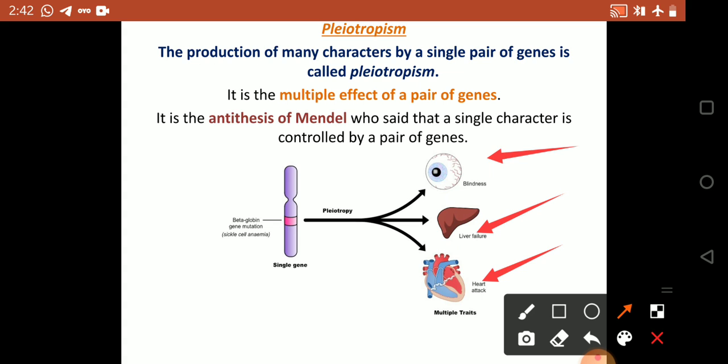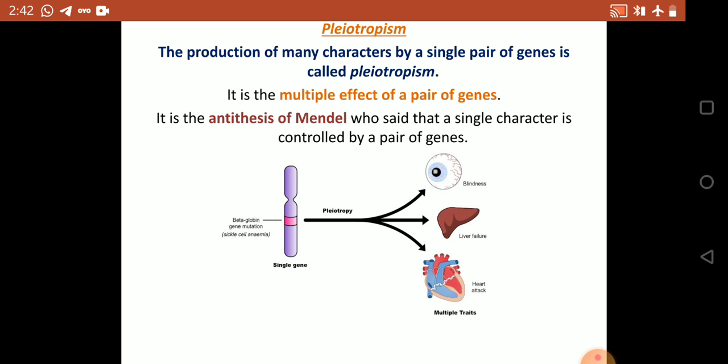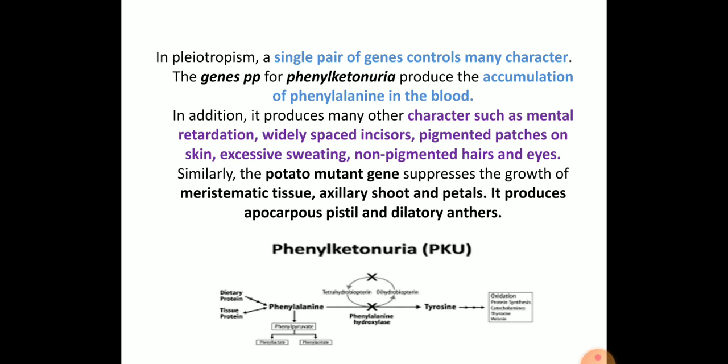That is called pleiotropism. So in pleiotropism a single pair of genes controls many characters. For example, small p and small p in phenylketonuria produce the accumulation of phenylalanine in blood. Phenylketonuria is also a genetic disorder where the tyrosine will be produced.